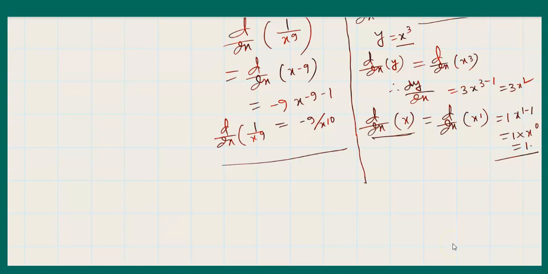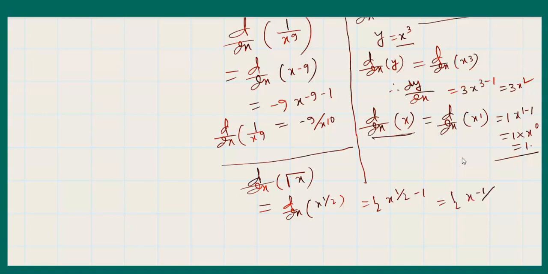What is the derivative of root x? d/dx of root x. Can you find it so easily? Yes, because we will be using the same formula. d/dx of x to the power n is n x to the power n minus 1. This is d/dx of x to the power half, which is half x to the power half minus 1. So the answer is 1 by 2 root x.